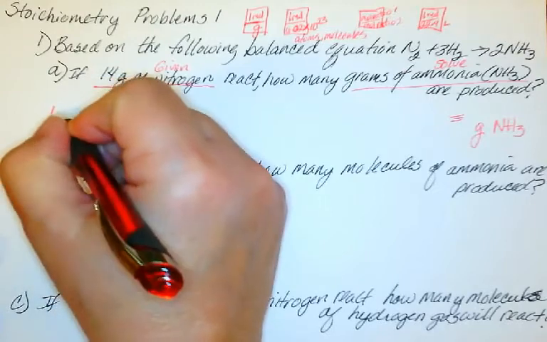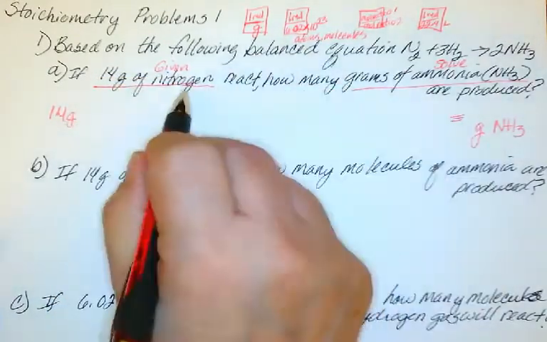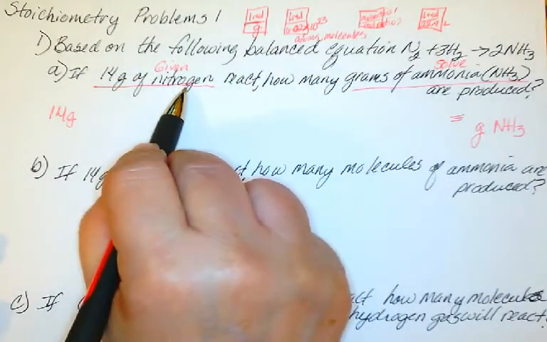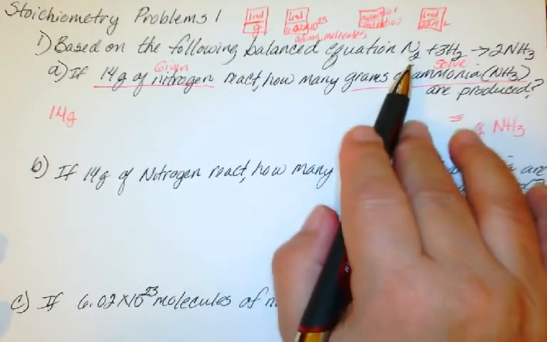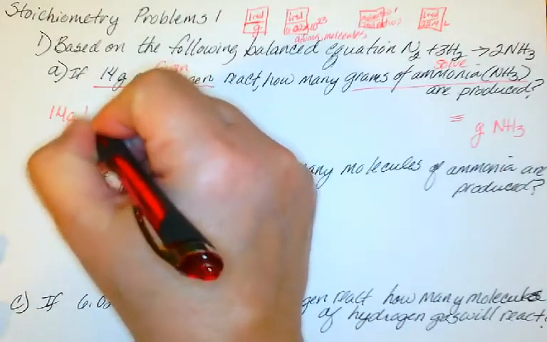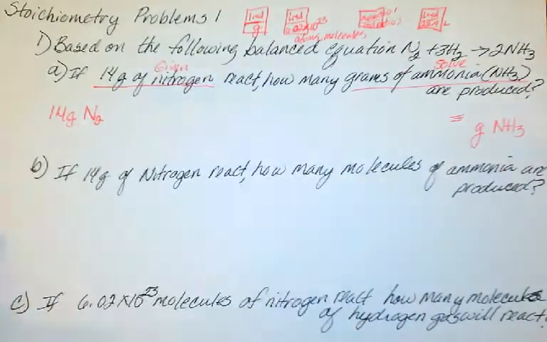In this case, we have 14 grams of nitrogen. Now, is this going to be just N? No, it's going to be N2. And you can always look to the equation. But remember, there are the 7 diatomic molecules we talked about before we left to distance learning. Hydrogen, nitrogen and oxygen, and the halogens.